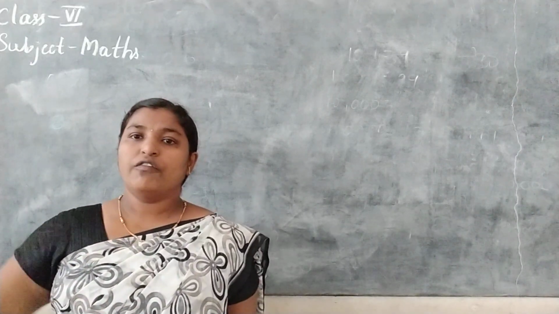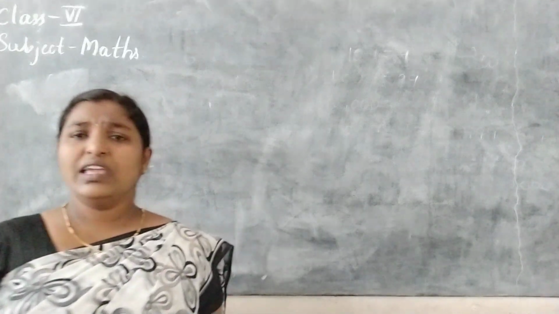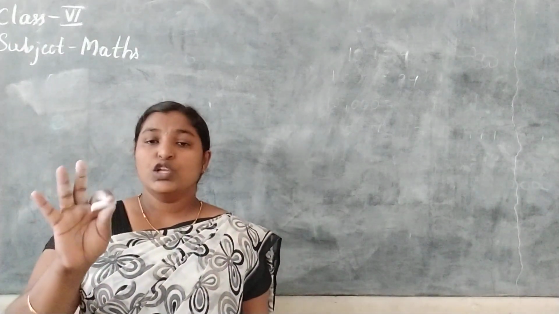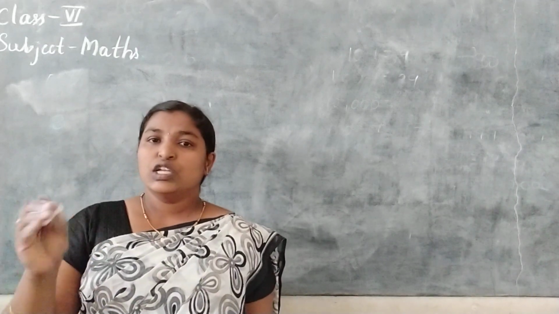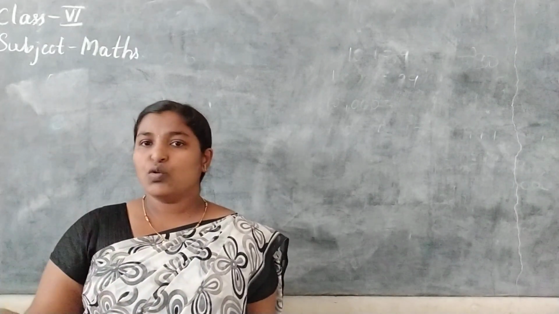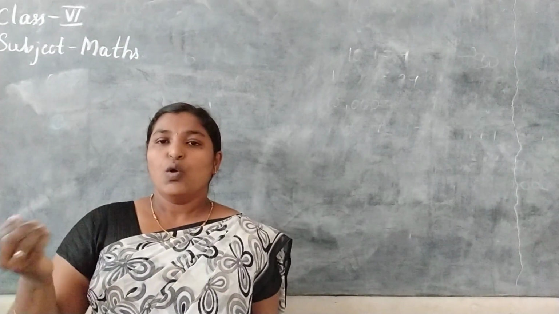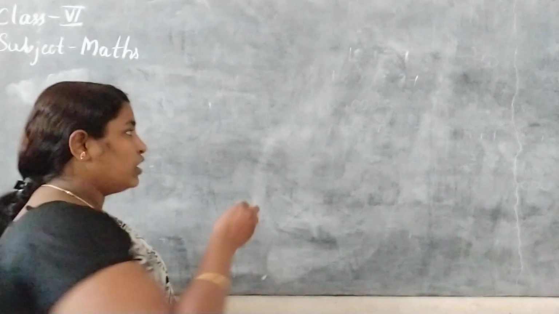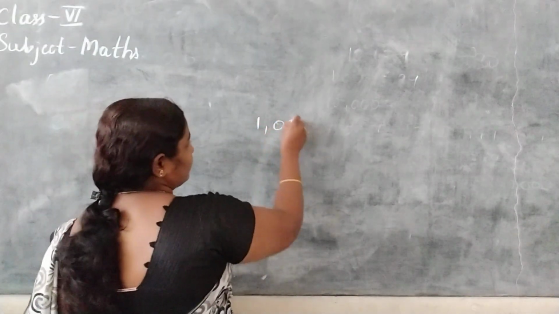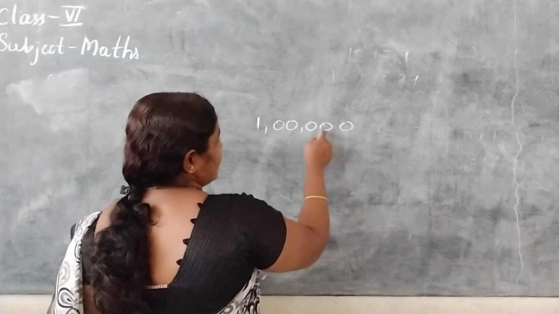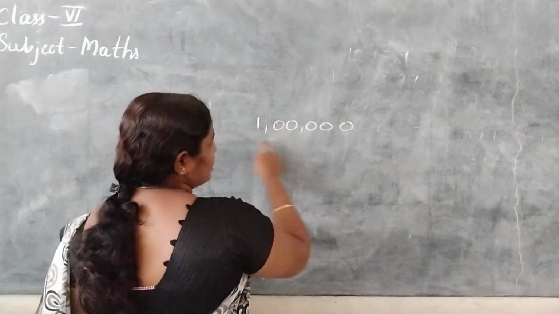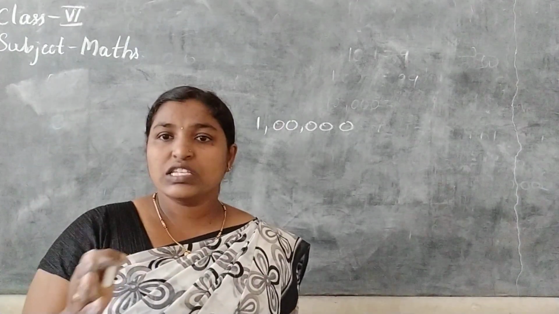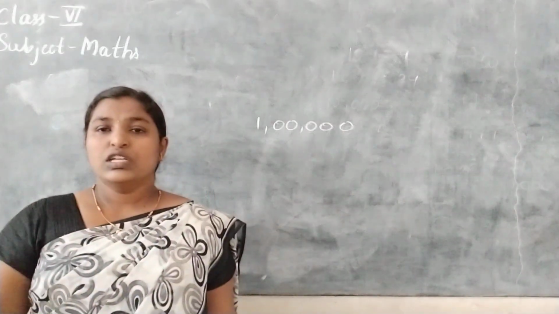Suppose if we take the population of a village, it may be hardly 2000, 3000. So it will become only 4 digits. So we need 6 digits. So the population of a taluk we can take. In a taluk we will get more than 6 digits, in the sense we want it in lakhs. Ones, tens, 100, 1000, 10,000, lakh. So this is the 6-digit number. So in terms of lakhs, which one will we count?